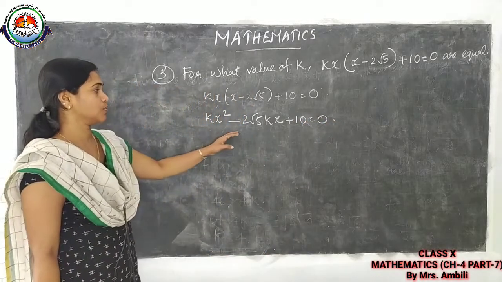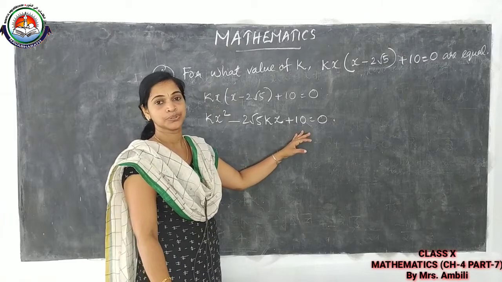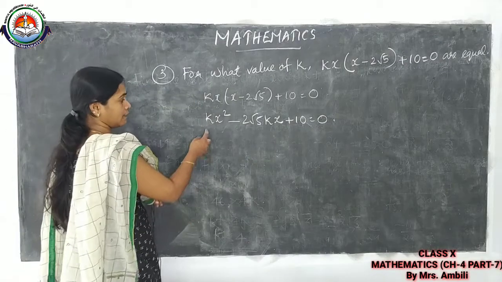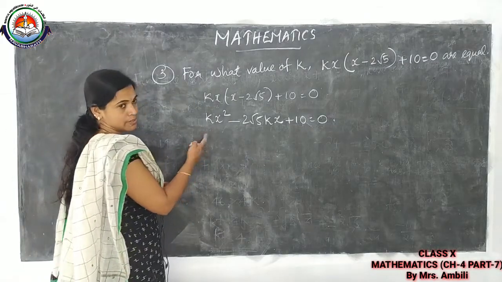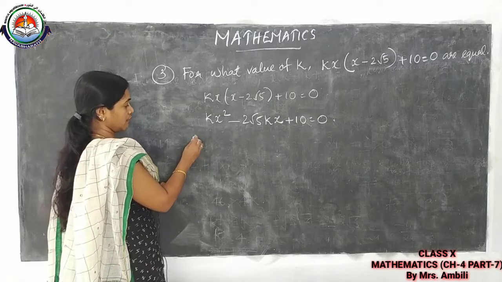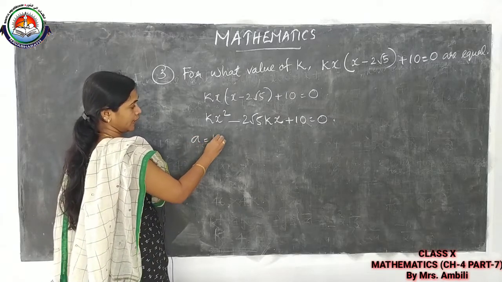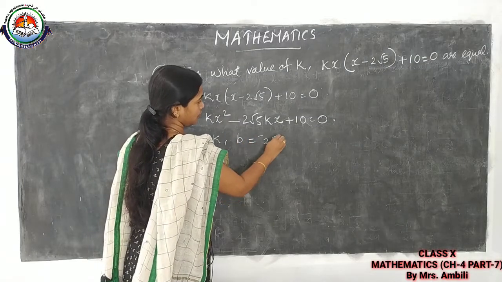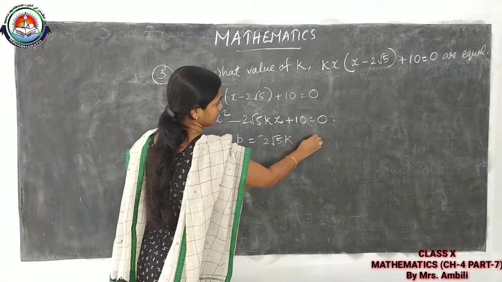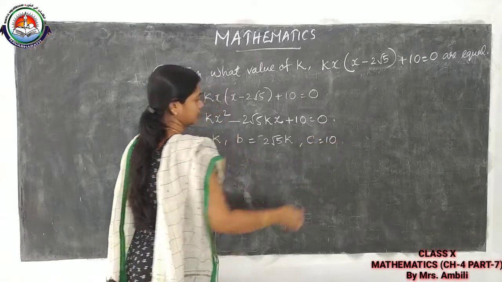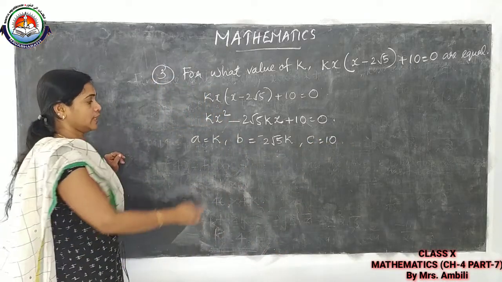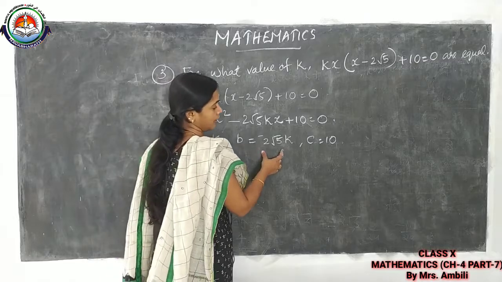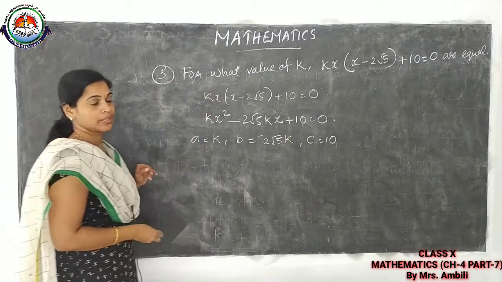Comparing this to our equation ax square plus bx plus c equals 0, what do we get? The value of a equals k. b equals minus 2 root 5 k. c equals 10.